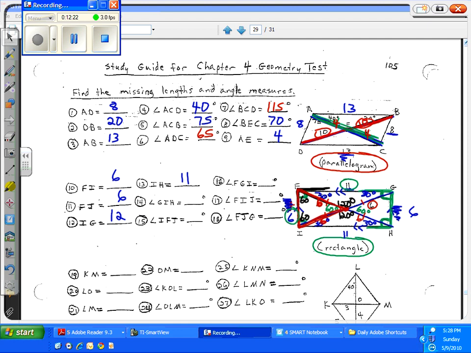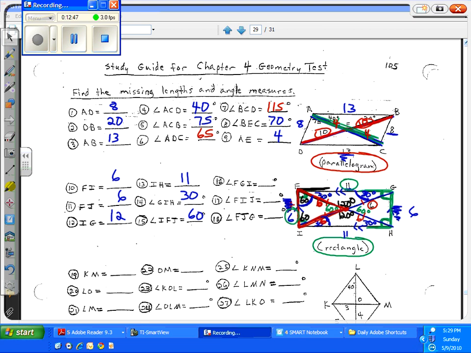Angle GIH, GIH is this angle down here, which was 30 degrees. Angle IFJ is this angle right here, which is 60 degrees. Angle FGI, FGI is this angle up here.